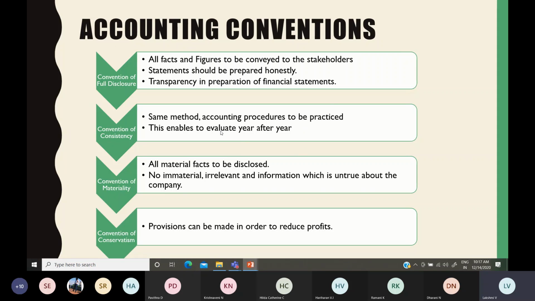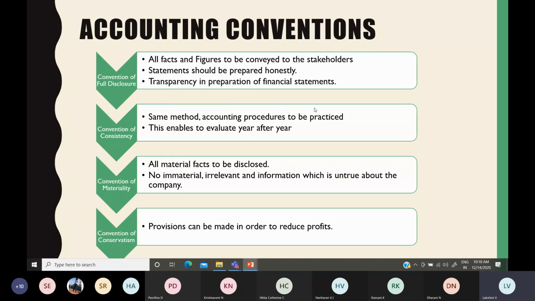Full disclosure means that based upon whatever information you have published, the investor decides whether he is going to buy shares in your company or invest in your company. So whatever information is given should be given fully and with honesty. You have to prepare your accounts with honesty, with transparency and no hiding of information.